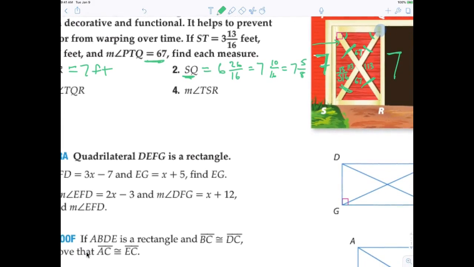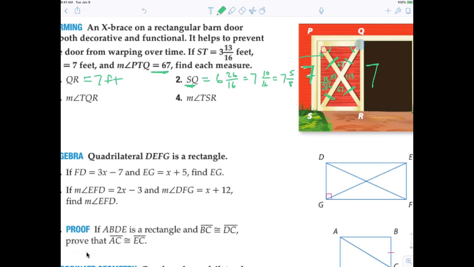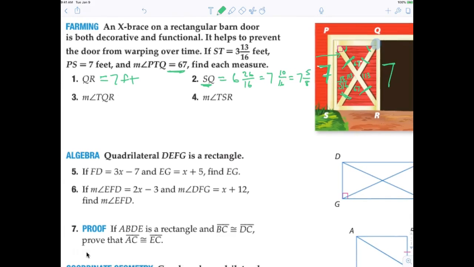All right, now let's take a look at number 3. What do we say? TQR is obviously what? 33. Wait a minute. TQR is how much? Is everybody okay with that? 33 point what? 33.5 degrees.